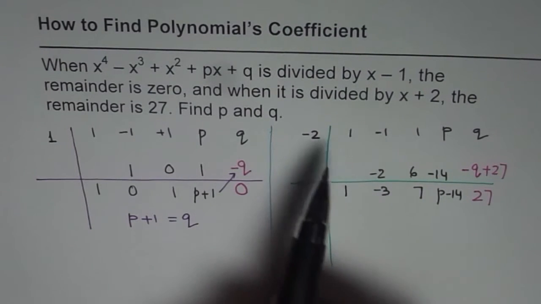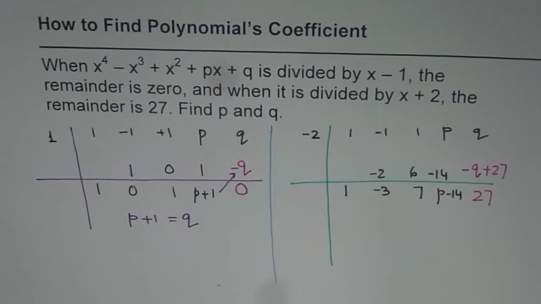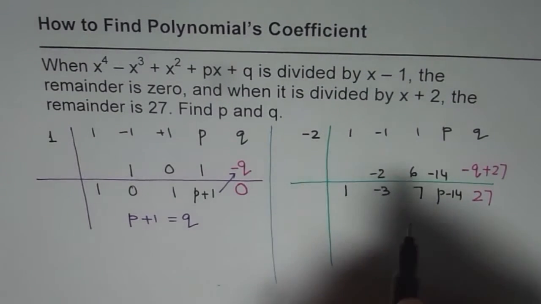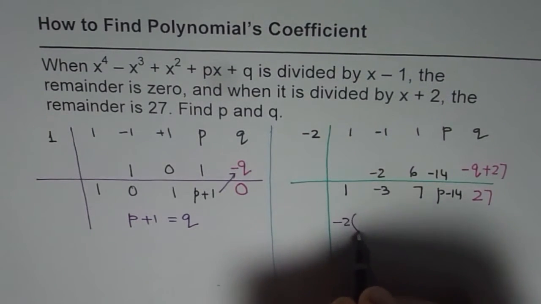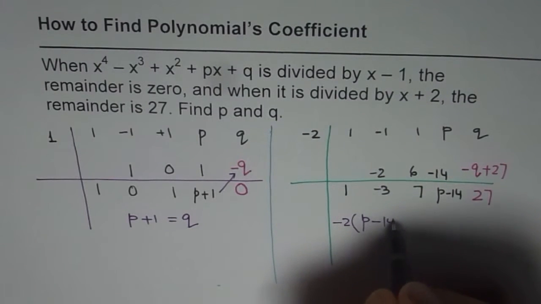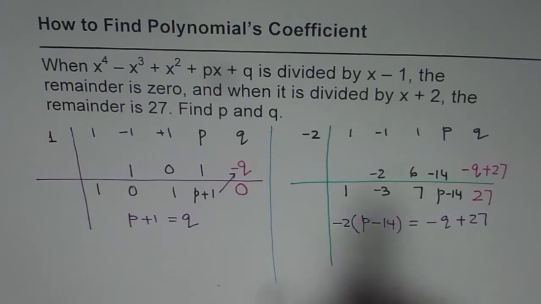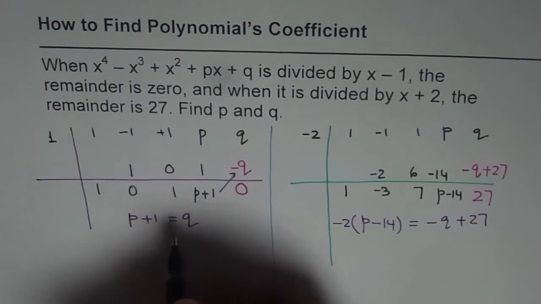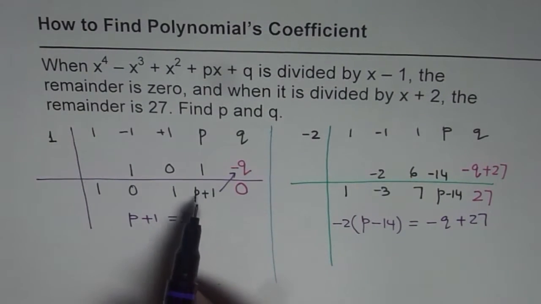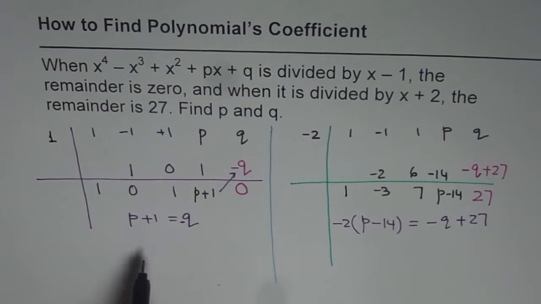Now that gives us an equation, and this time the equation is minus 2 times p minus 14 should be equal to minus q plus 27. So that is the equation you get. Now earlier you got an equation, well, this was minus q: p plus 1 should be equal to minus q.